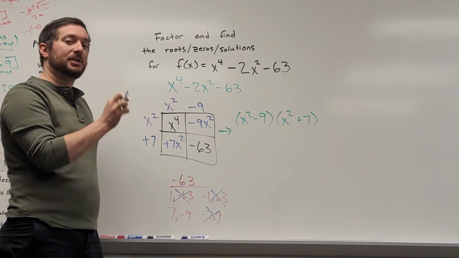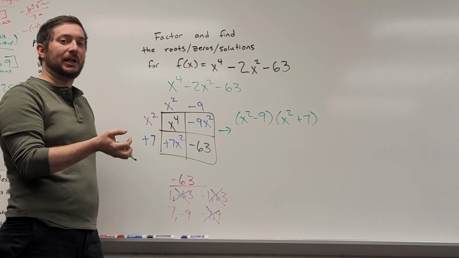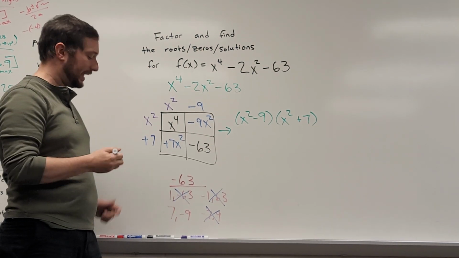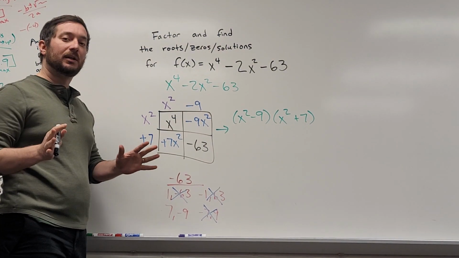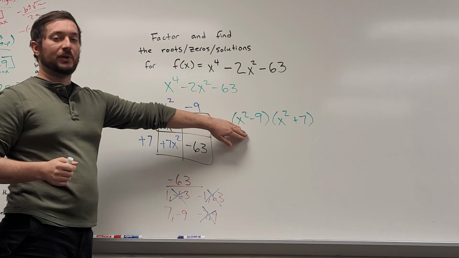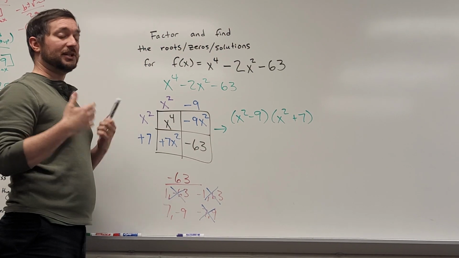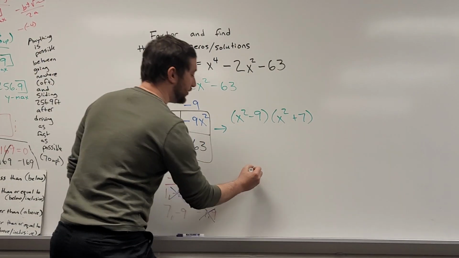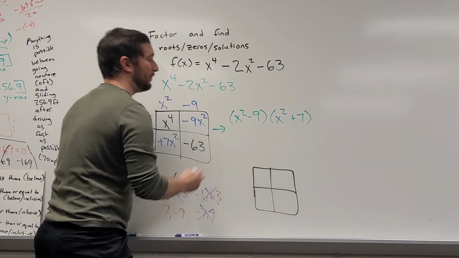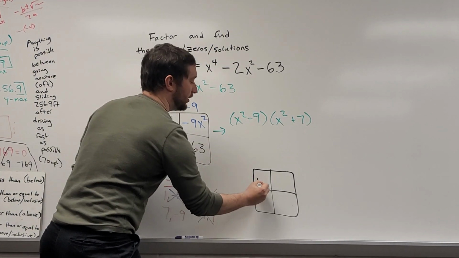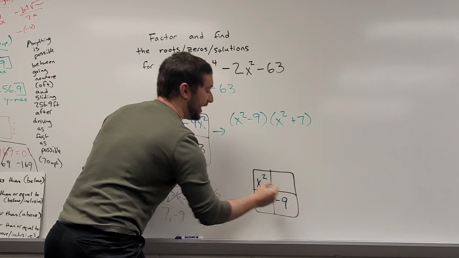Now, we always need to check though, is there more that we can break down? Is there more that we can factor? And in this case, as with our other example, yes. Now this doesn't always happen, but definitely consider perfect squares as you're looking at these problems, and 9 is a perfect square, so we would want to yet again make a box. This is a binomial, so our corner boxes should cancel.